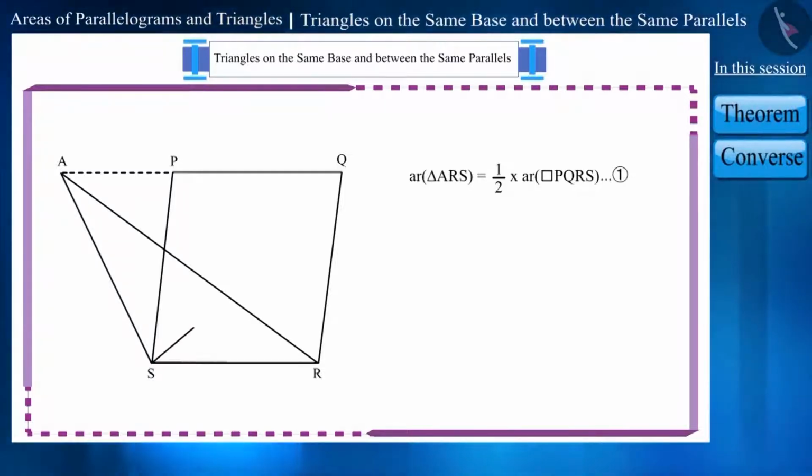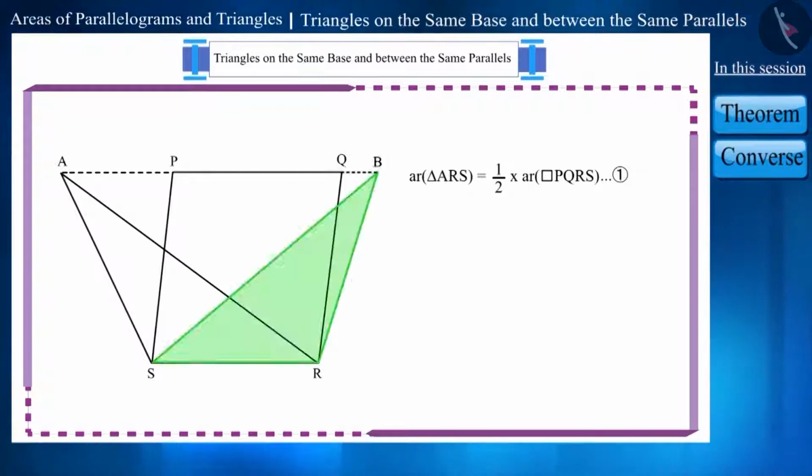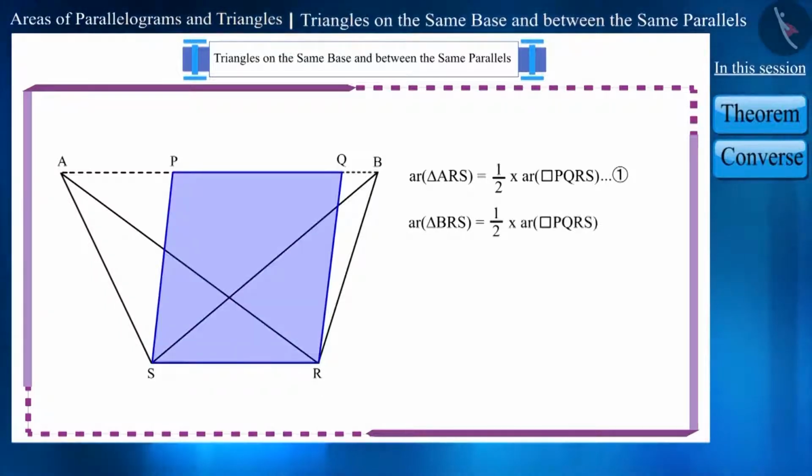If we construct another triangle here, triangle BRS, then can we say that area of triangle BRS is equal to 1/2 multiplied by area of parallelogram PQRS? Yes, because triangle BRS and parallelogram PQRS are situated on the same base and between the same parallel lines. Let's call this equation 2.